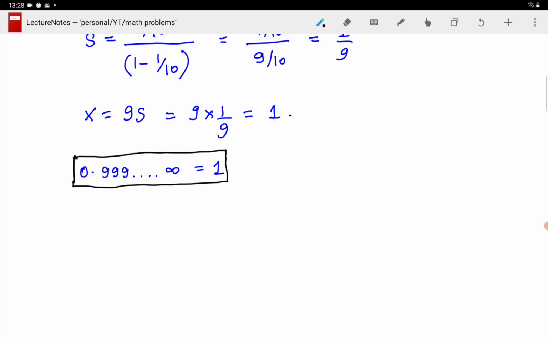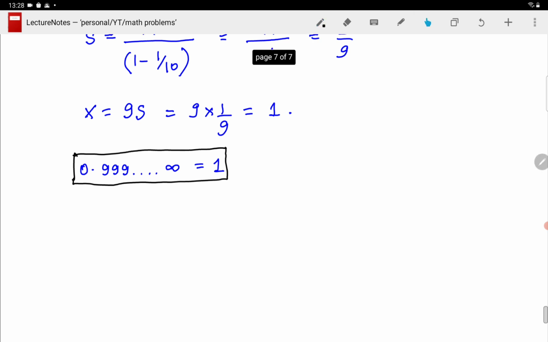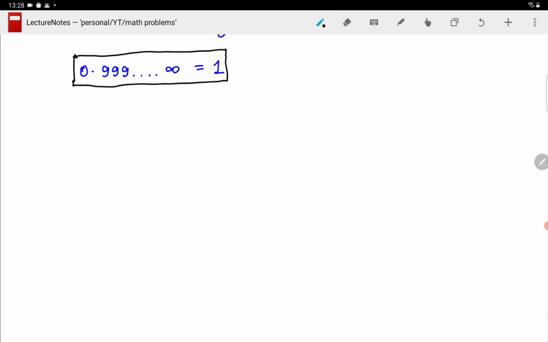Many people are still uncomfortable with the conclusion. Why? I think the reason is that every finite decimal is less than 1. For example, 0.9 is less than 1, 0.99 is less than 1, 0.999 is less than 1, and 0.9999 is less than 1.